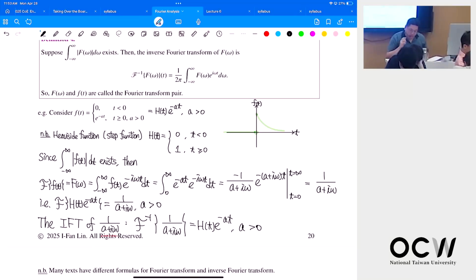All right. If you see some textbooks in different areas, you may have a different definition or notation.